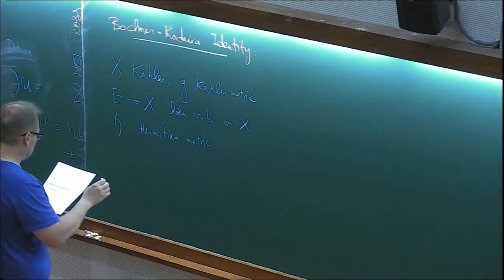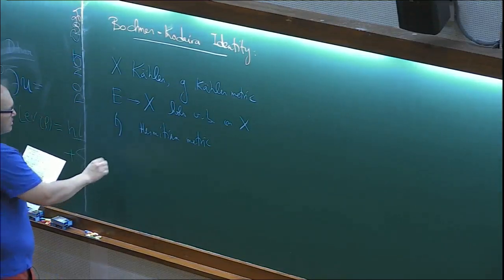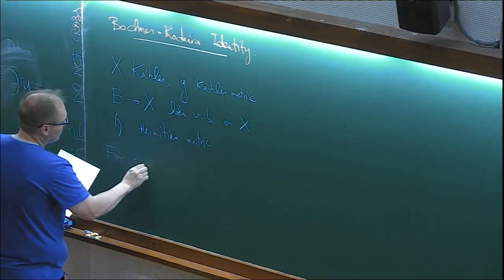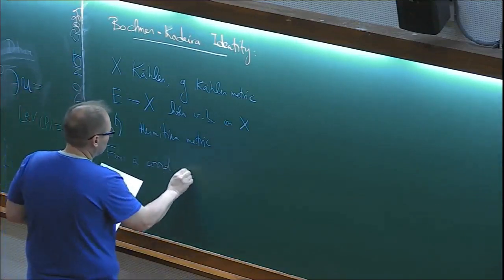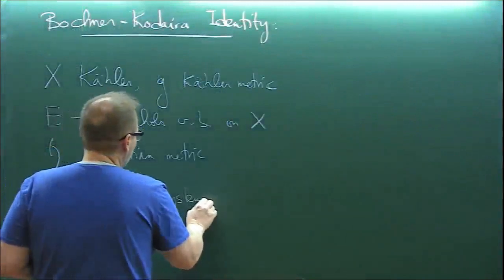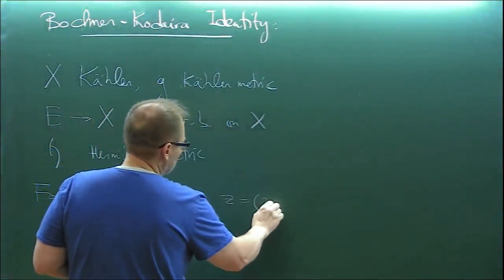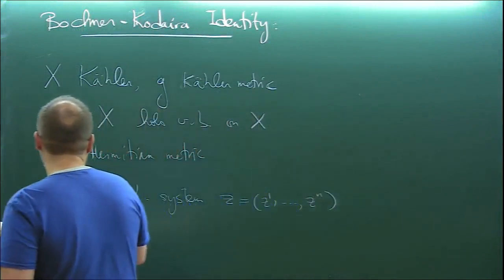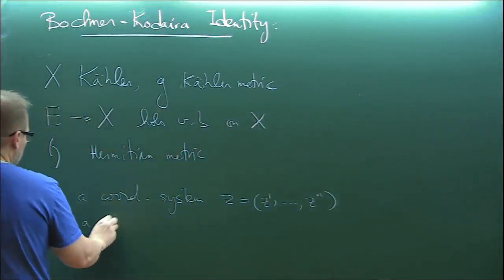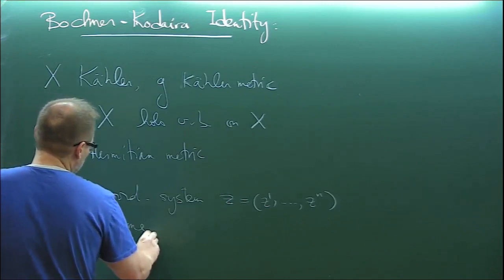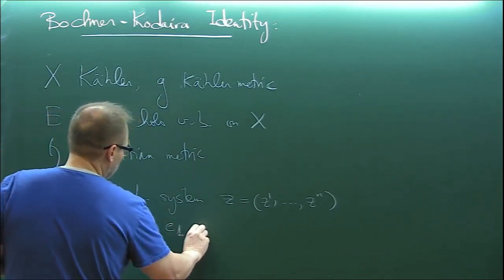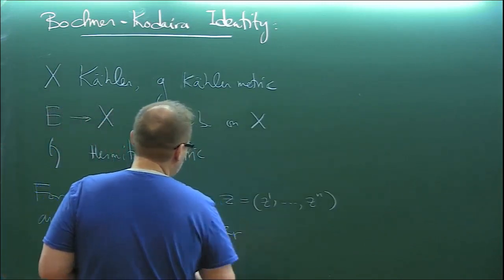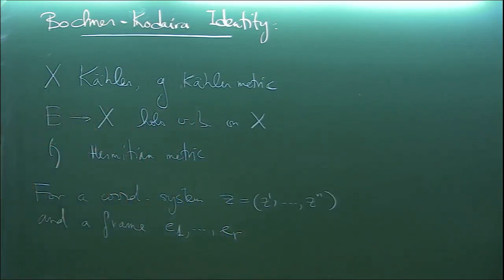So actually, let me set up a little bit of notation. For a coordinate system z1 up to zn, and a frame e1 up to er, so I'm moving a family of basis vectors for the vector bundle. These are over some small open set.